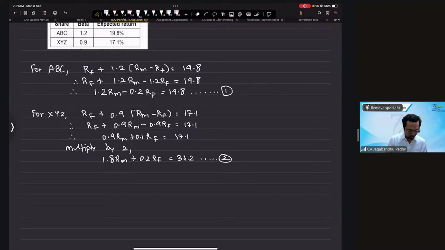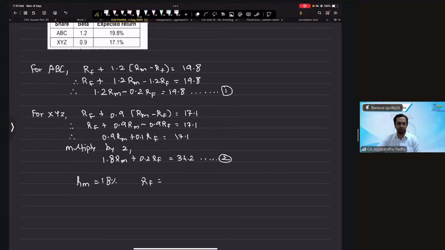RM is 18. Okay, market rate of return is 18%.